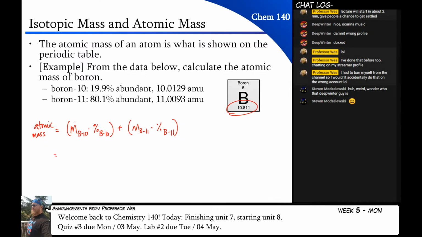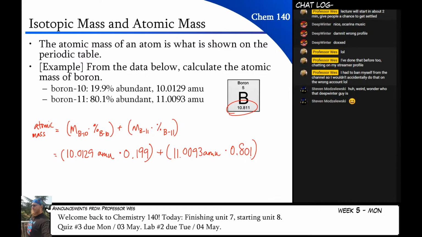Get more water here. So the mass of boron 10 was 10.0129 AMU times the percent of boron 10. I'm going to express that as a decimal because that makes the math easier. Plus the mass of boron 11 times the percent of boron 11, which is that. And now we punch in our calculator, but we have to be mindful of sig figs.